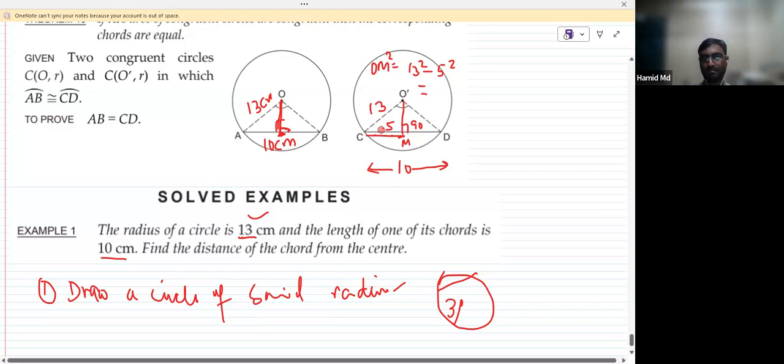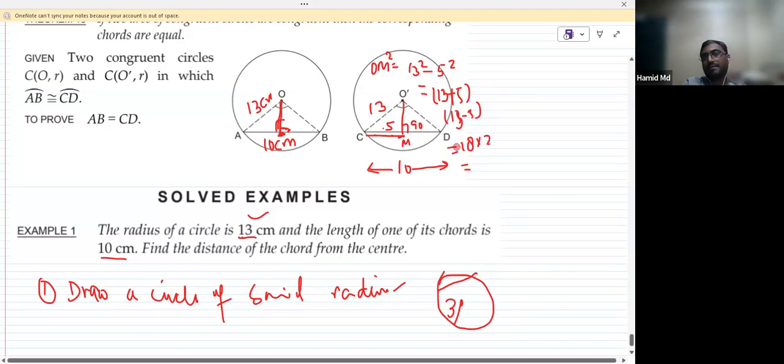Is it 16 centimeter? 18 or 16? Yes, 16. So a square minus b square is a plus b into a minus b. So a plus b will be 13 plus 5, I'm writing over here, and then the other will be 13 minus 5. So it's 18 into 2.